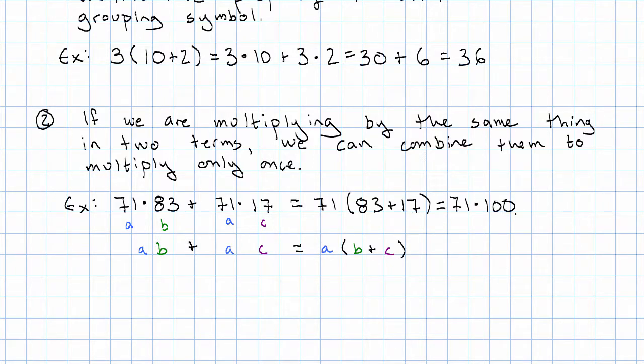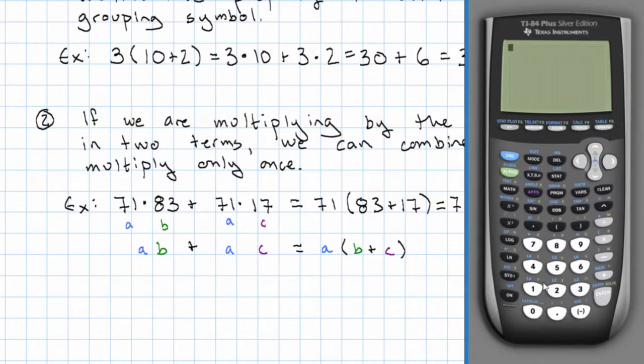83 plus 17 is 100. 71 times 100 is 71 with 2 zeros on the end. 7,100. Again, we can check that on the calculator. We see that 71 times 83 plus 71 times 17 really is 7,100.